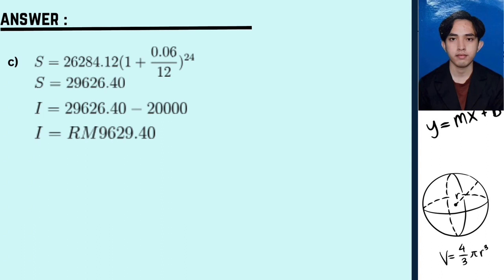So we need to minus it with the present value. 29,626.40 minus 20,000, then we get the interest amount equal to RM 9,626.40. That's all from me.